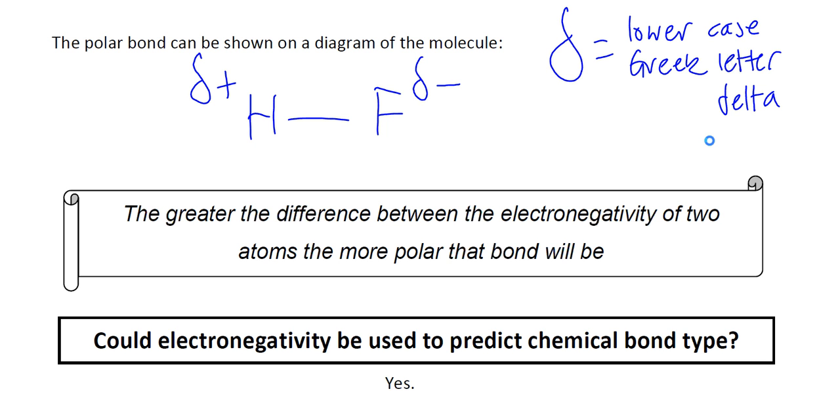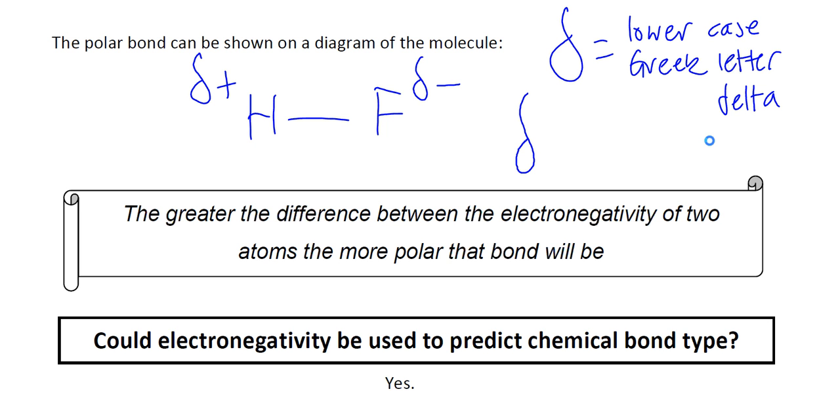An easy way to think about it is it means slightly positive, slightly negative. Although it is the Greek letter delta, some people struggle to draw this. Well, one way to draw it is to do a bit of an S and then link it back. S for slightly positive, slightly negative, even though it is a D, a delta.